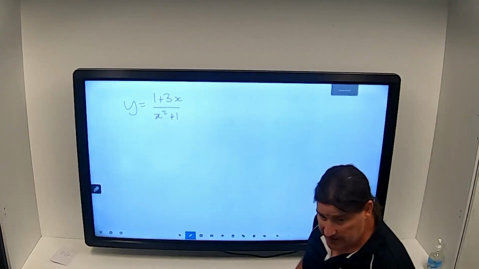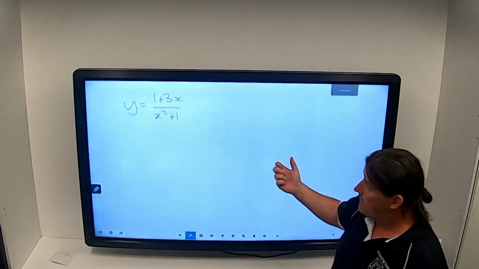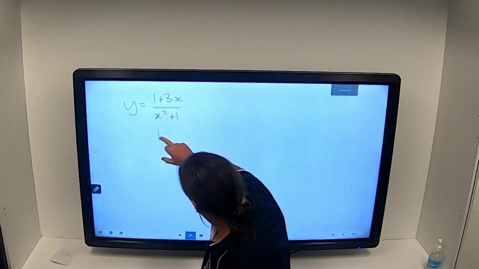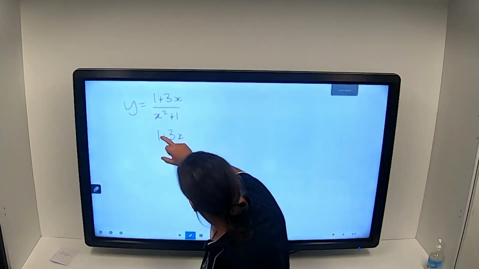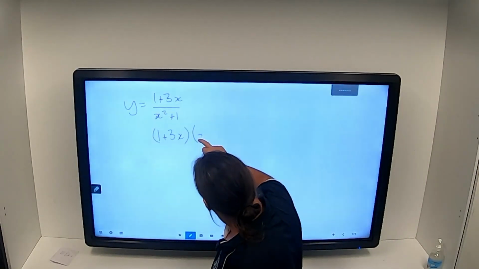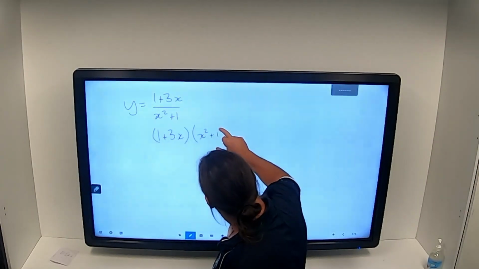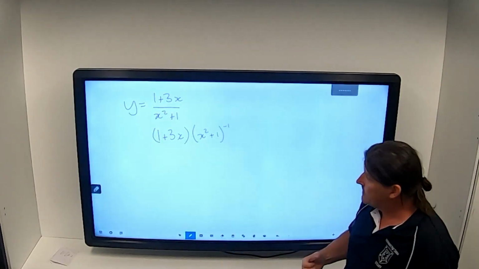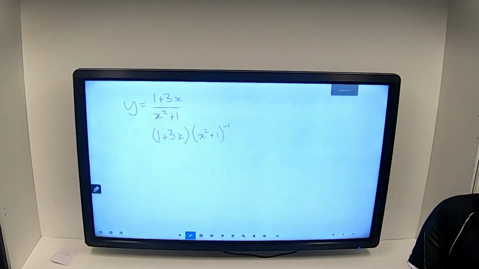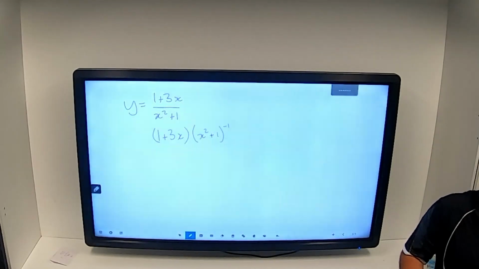And a student might say, well, why can't I write that like this? 1 plus 3x in brackets times x squared plus 1 to the minus 1. Why can't I write it like that and then do the product rule? And the answer is you can.